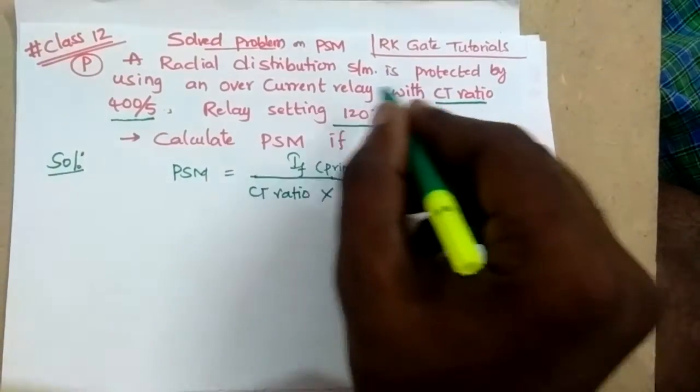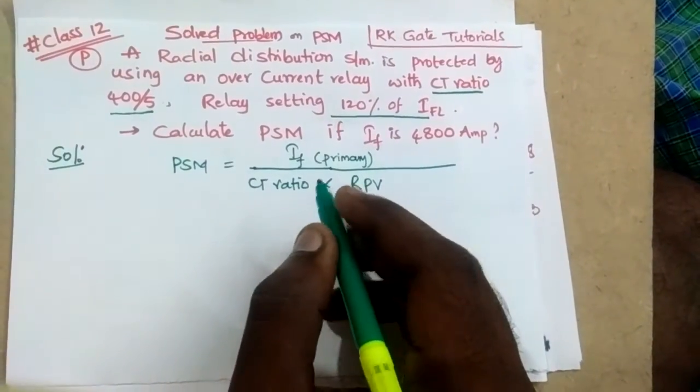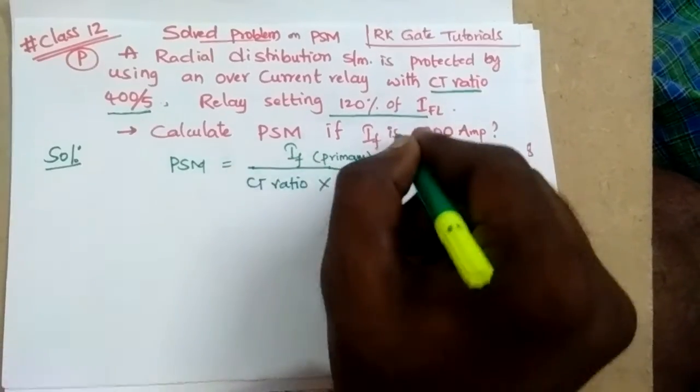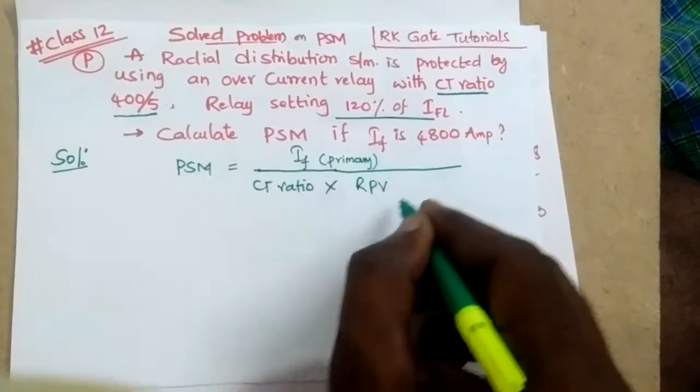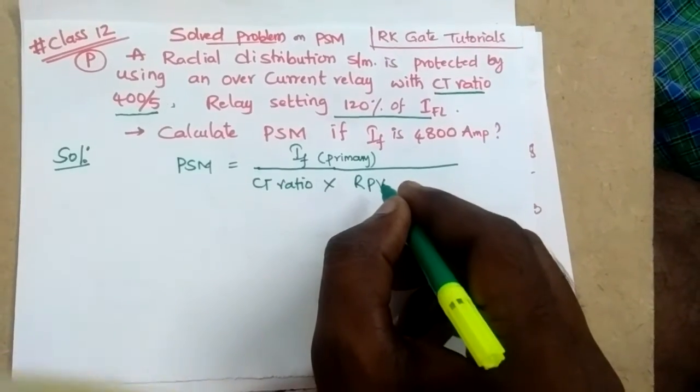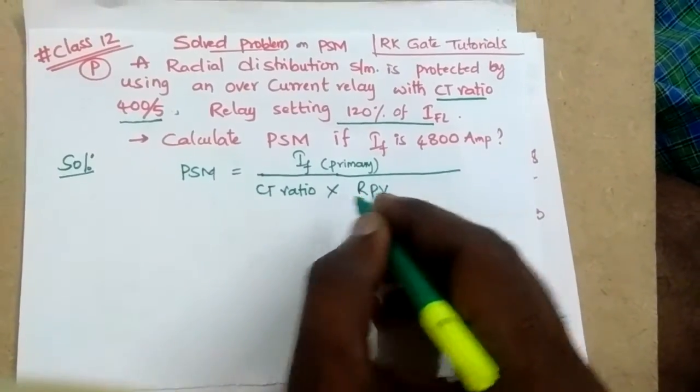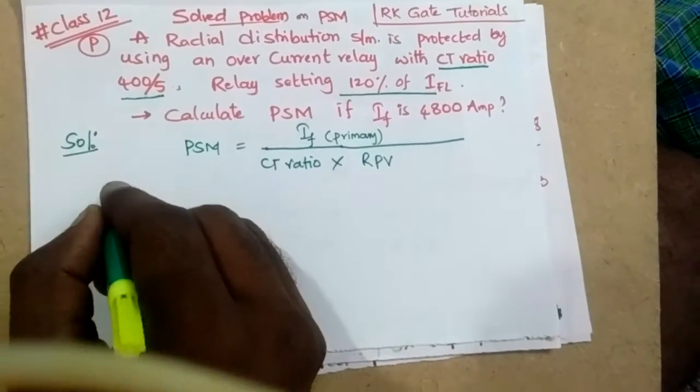So here the relay pickup value is not directly given, so we have to calculate this. Here the fault current is given, the CT ratio is also given. Now we have to calculate first the relay pickup value, which is also called the plug setting or the pickup current of the relay. So what is relay pickup value?